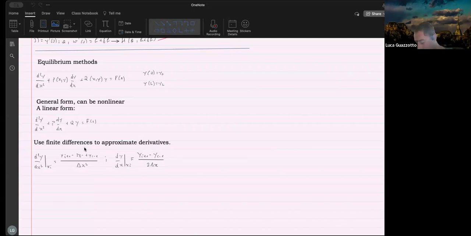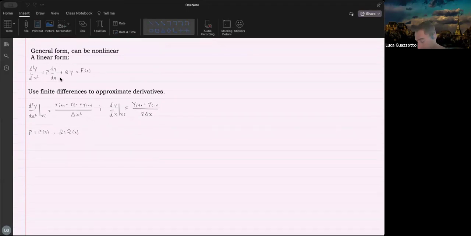Then looking at the equation that I'm trying to solve, I'm going to have the second derivative, y sub i plus 1 minus 2 y sub i plus y sub i minus 1, divided by delta x squared, plus p sub i, which is p calculated at point x sub i, times y sub i plus 1 minus y sub i minus 1 over 2 delta x, plus q sub i y sub i is equal to f sub i, where all symbols should be pretty straightforward.